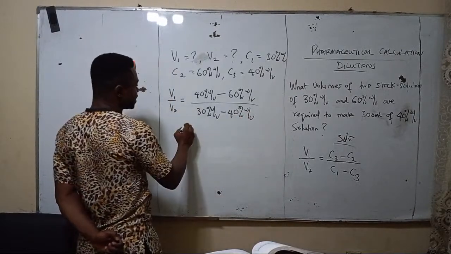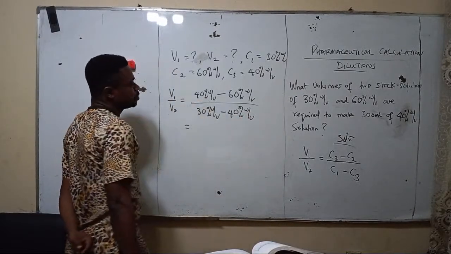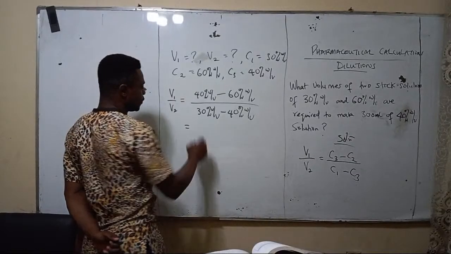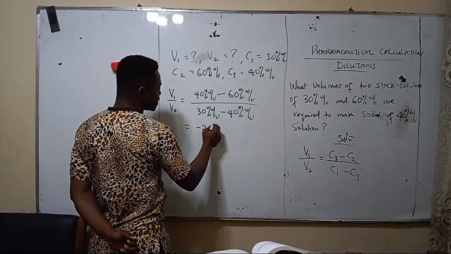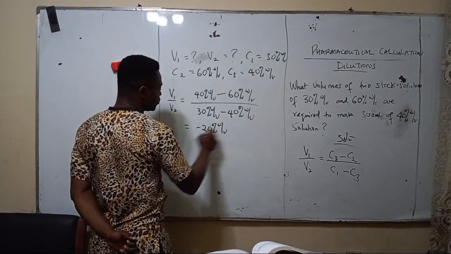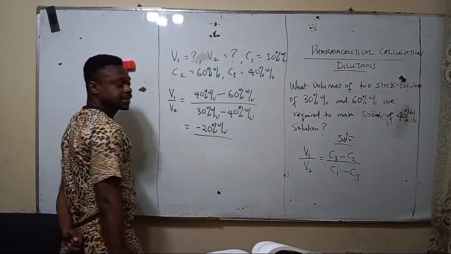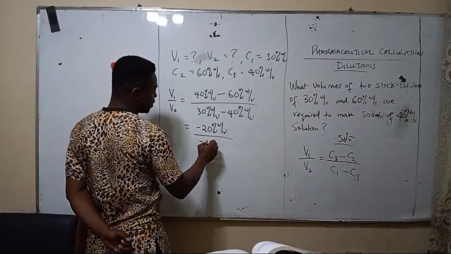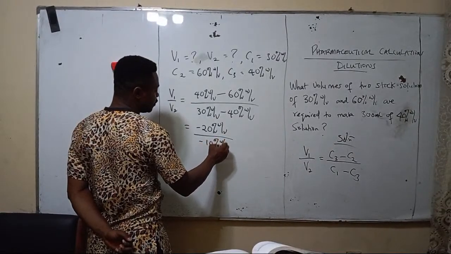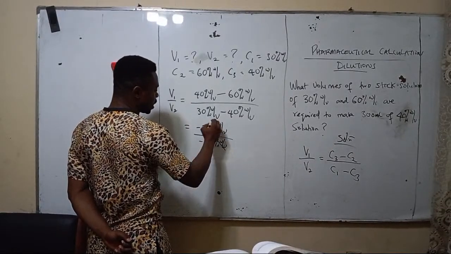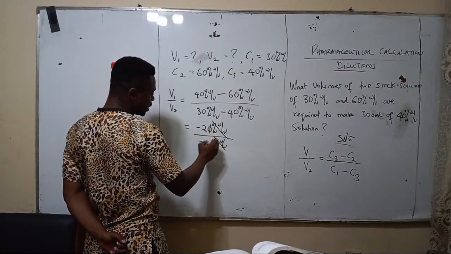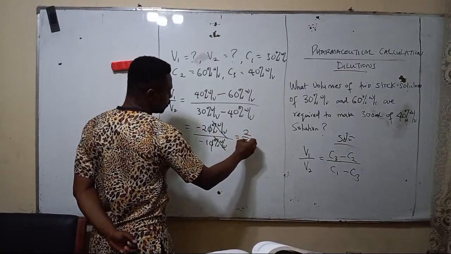If we subtract, 40 minus 60, we have minus 20% weight in volume. 30 minus 40, we have minus 10% weight in volume. Weight in volume will cancel weight in volume, 0 will cancel 0, we have 2 over 1.